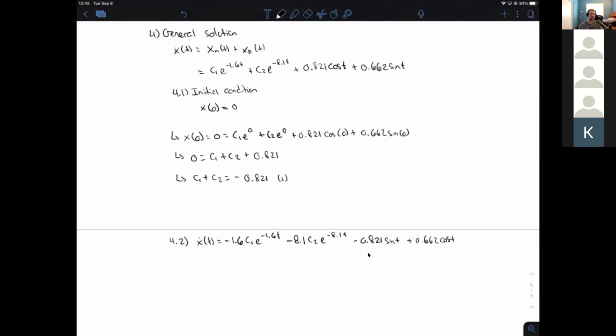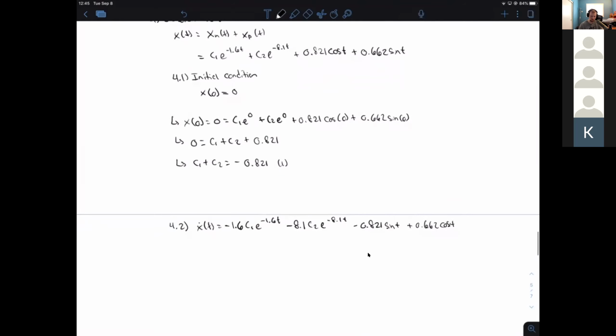Okay, and then we're going to plug in, again, for our initial condition. So since we had x of 0 equals 0, then we have x dot of 0 is going to be equal to 0 for our velocity. And then I'm going to do the same thing like I did last time. So minus 1.6 c1 e to the 0 minus 8.1 c2 e to the 0 minus 0.821 sine of 0 plus 0.662 cosine of 0.